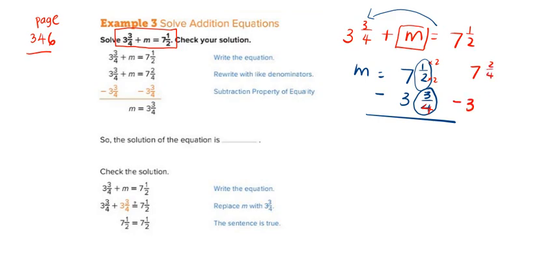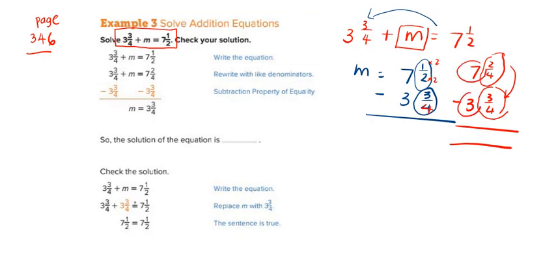minus 3 3/4. Now we can subtract these, but 2/4 is too small, so we cannot subtract 3/4 from 2/4 because you have to start from the top. 2 cannot minus 3, it's too small.